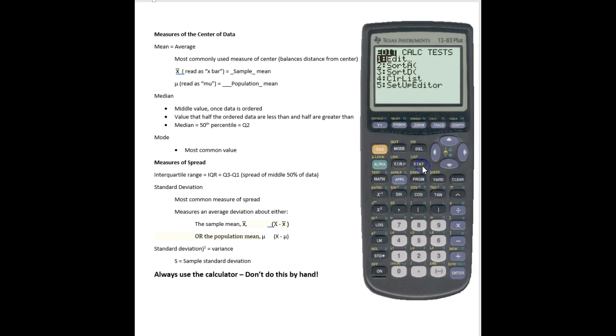Next, I'm going to go back to the Stat button. I'm going to edit my list, and let's just put in some random numbers here. So let's do 1, 3, 5, 5, 7, 8, 8, 8, 9.